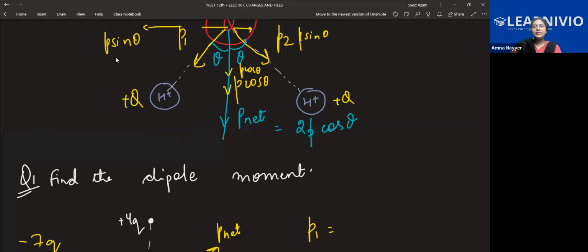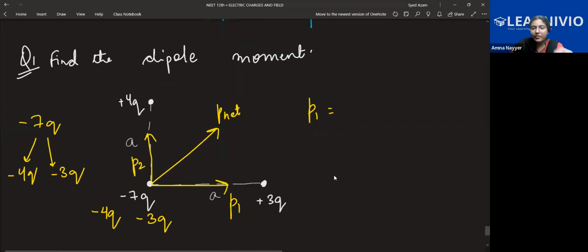So p sin theta will be cancelled. That's why I wrote it. You just have to go the way you solve the vectors. But right now, for this set of dipole, what's the formula of dipole moment? Just tell me for this, Jesleen. What's the charge that I should write? What's the distance? How do we write?